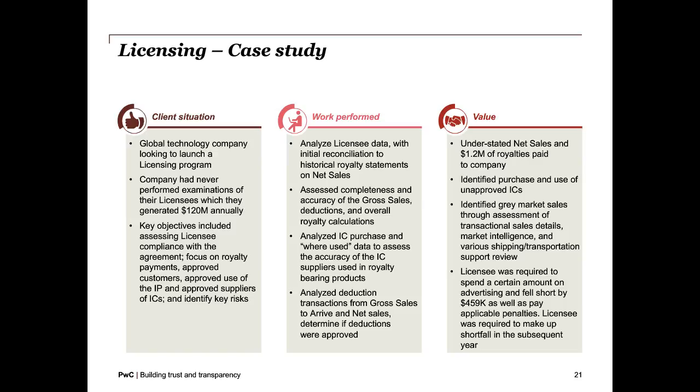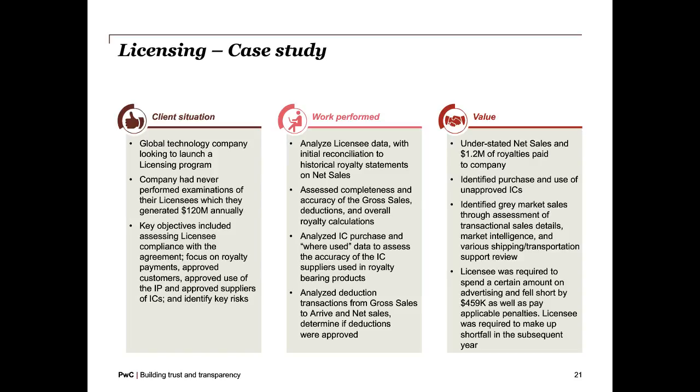In addition to that, we also looked at and analyzed deductible transactions, as I spoke about at the top of this presentation. This was a case of a royalty base that was net sales based, so deductible items were very important, a big part of the assessment. And what we found was that this licensee was using estimates to gauge what they could use as deductions.